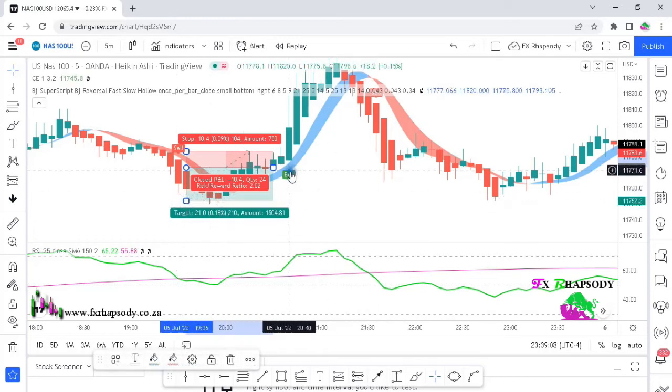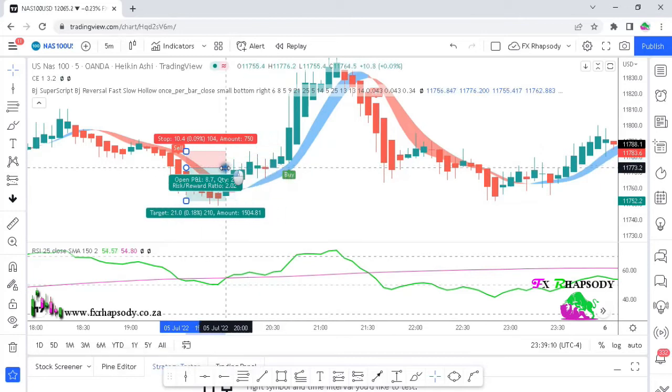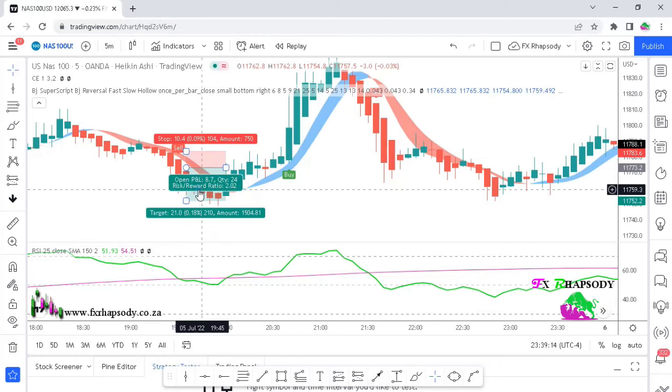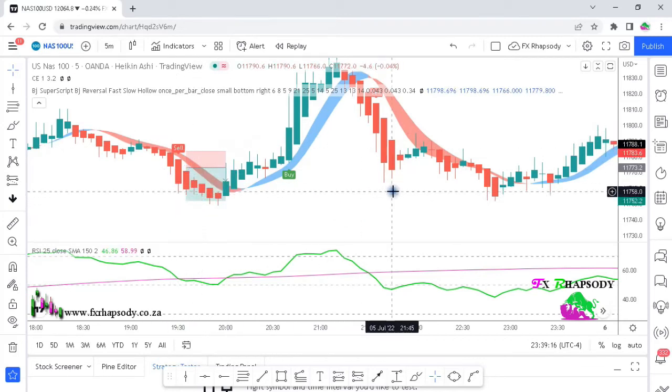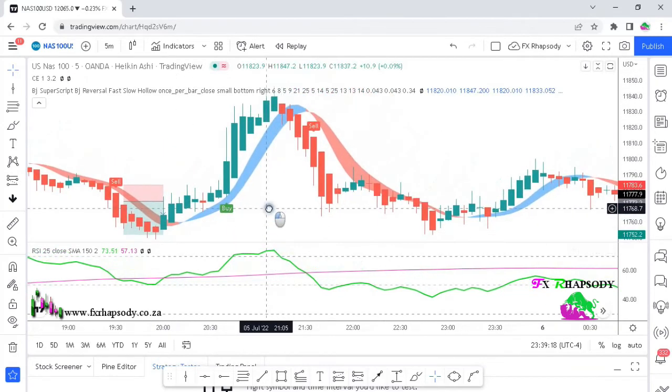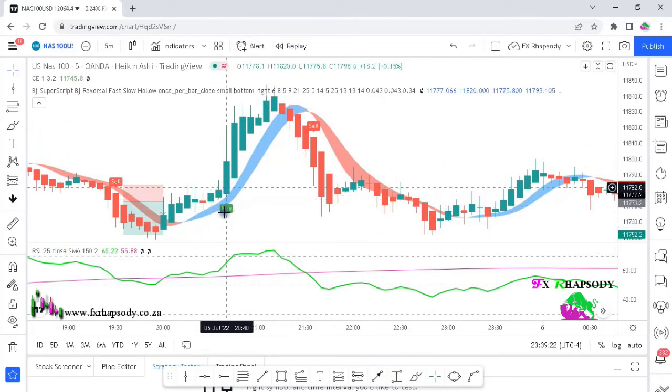And as you can see, that worked out perfectly. Okay, 10 pips risk, 21 pips reward. Over here, we can see the buy signal is above the blue, the green line above the pink.